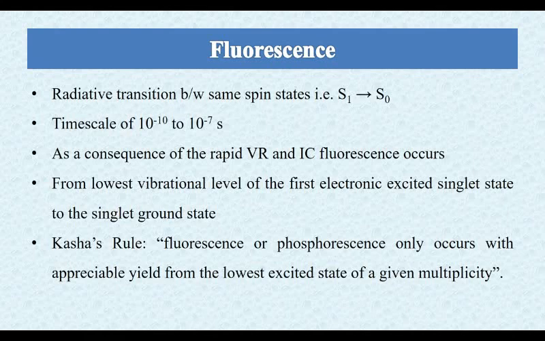Again, as a consequence of vibrational relaxation and internal conversion, fluorescence occurs. And it occurs from the lowest vibrational energy level of the first electronic excited singlet state to the ground singlet state.